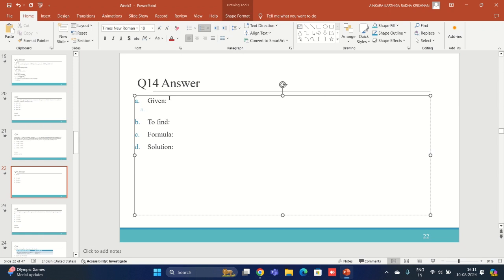In the given, first, the fluid is air, so density is 1.22 kg per meter cube, and viscosity is 1.9 into 10 power minus 5 kg per meter second.